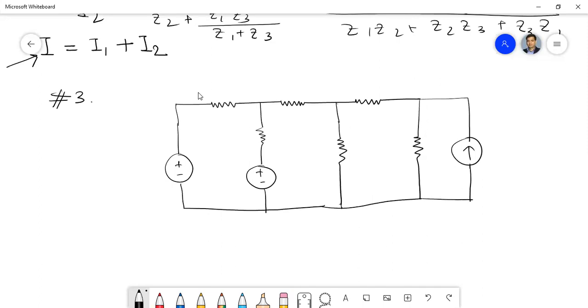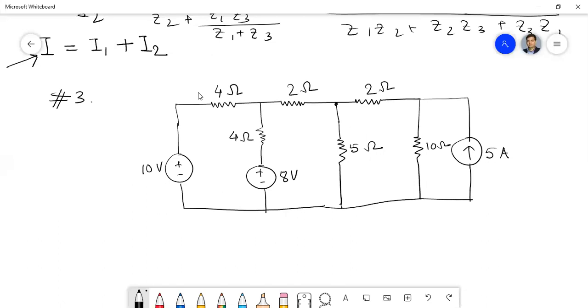This is the circuit. Here this is 10 volt. This is 8 volt. This is 5 amp. This is, let us take, 10 ohm. This is 2 ohm. This is 5 ohm. This is 2 ohm. This is 4 ohm. This is 4 ohm. Okay, so this is the circuit.